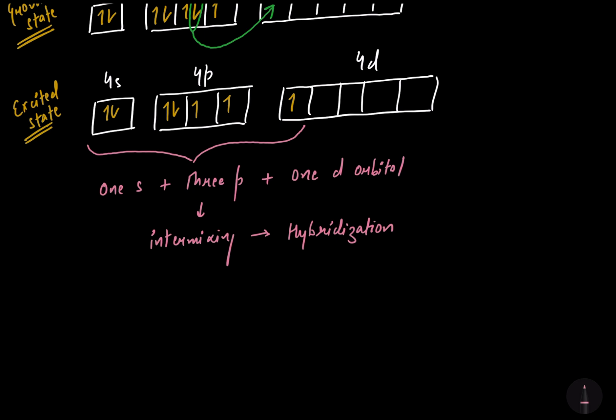So we will get 5 new hybrid orbitals of equal energies. We are going to have 5 new hybrid orbitals and they are all degenerate, that is, of equal energies. So I am writing degenerate orbitals.